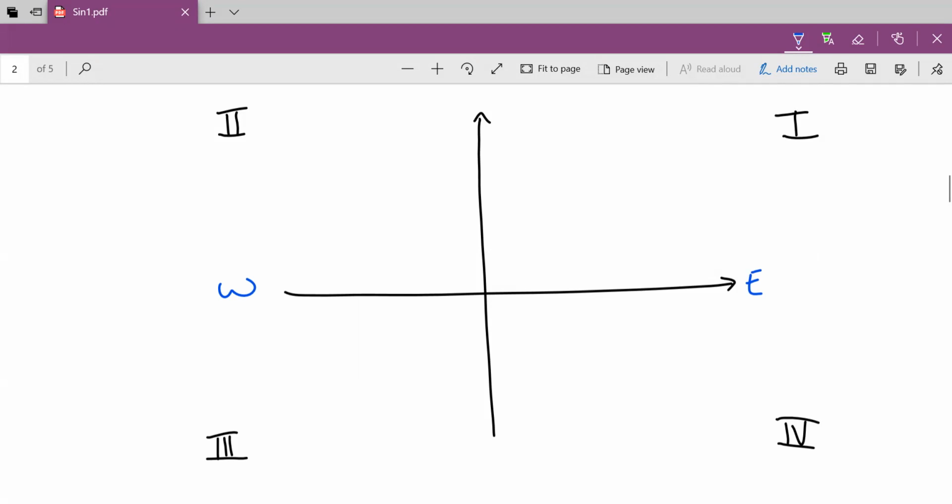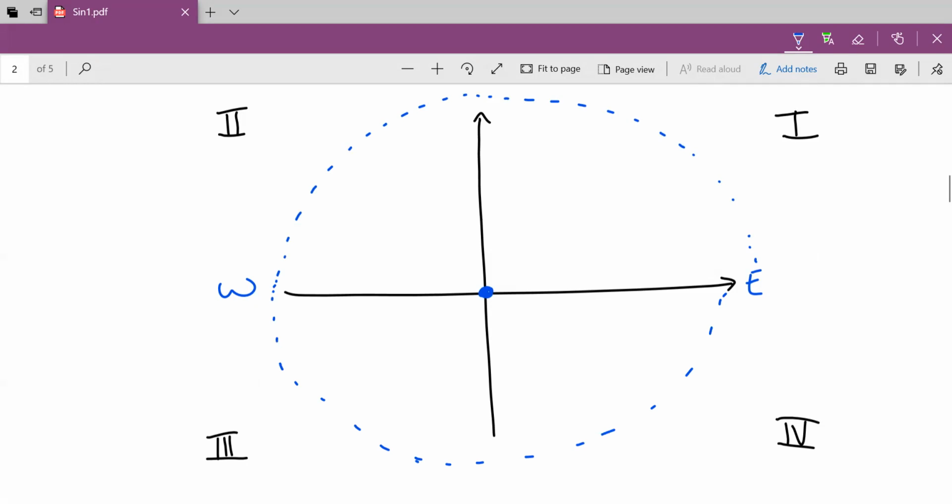So if I'm lying right here at the origin and I follow the path of the sun, it rises in the east, goes down in the west, goes beneath the horizon, and goes all the way around. The quadrants are following the position of the sun in the sky. That's why they go, what we say, counterclockwise.